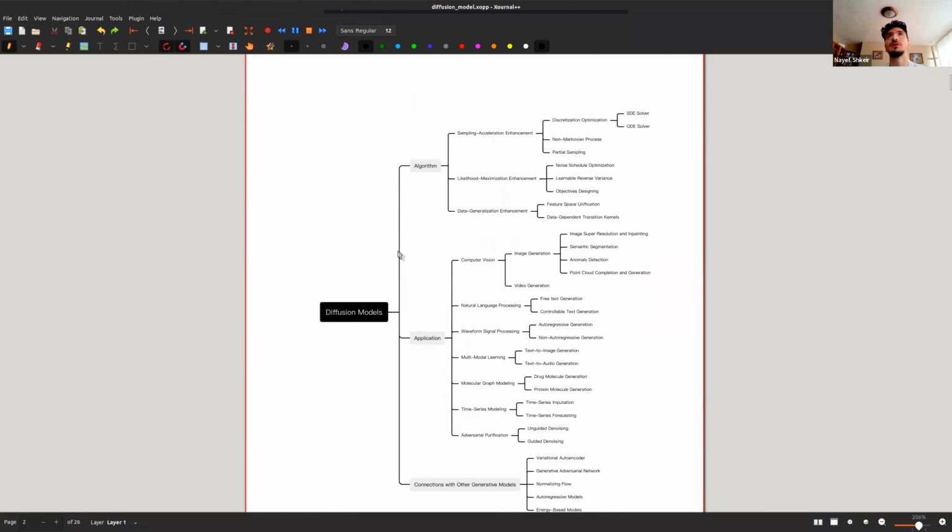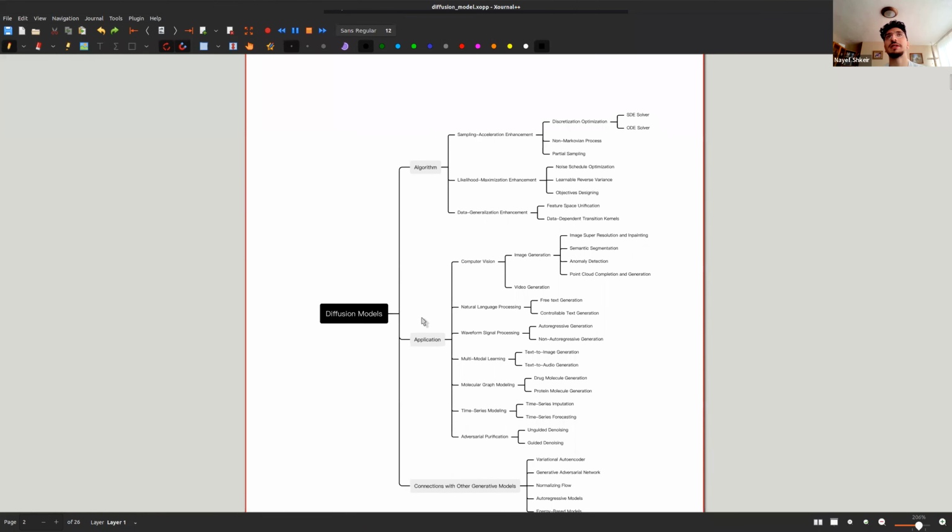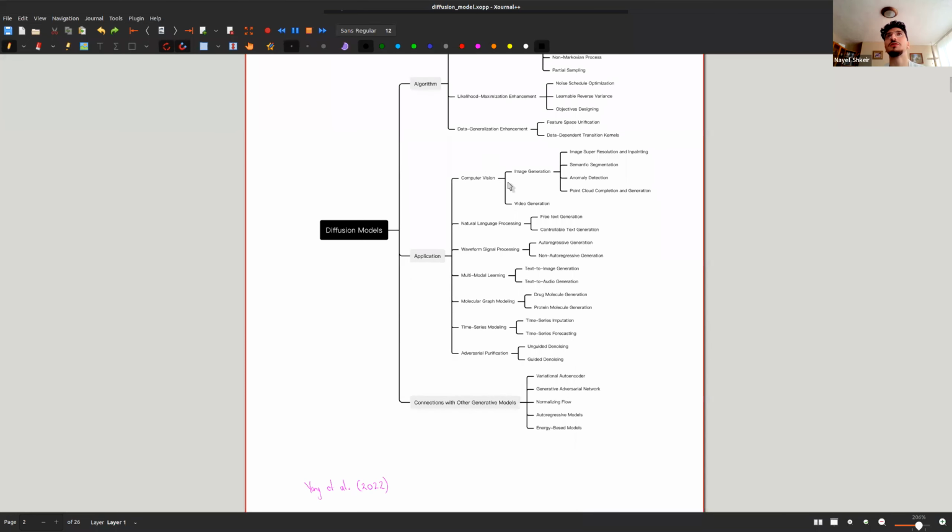Okay, so I put this diagram here as well to show where diffusion models have been used. Application-wise, in computer vision, you can do image generation, super resolution, point cloud generation, which is what I showed with the 3D models, video generation, and in text, free text generation, also generation with signals, drug generation, molecule, time series.